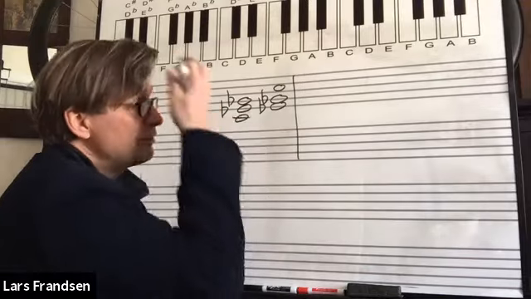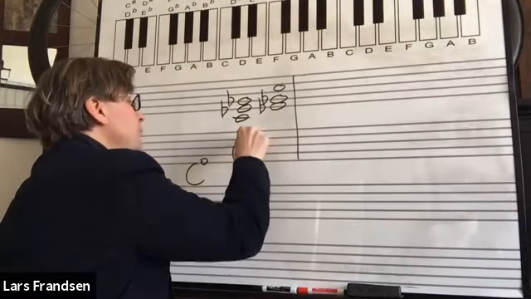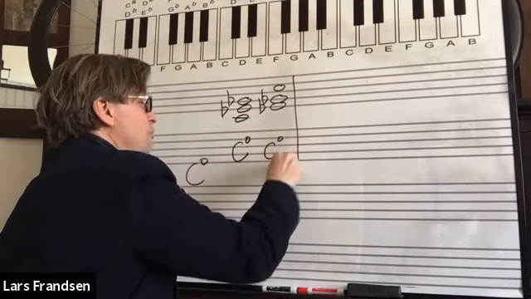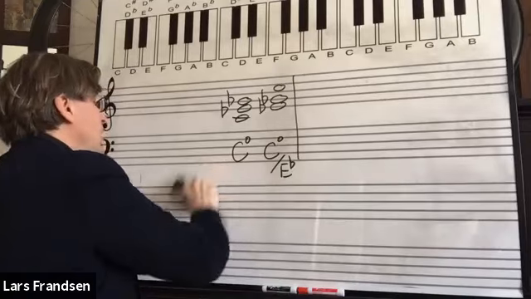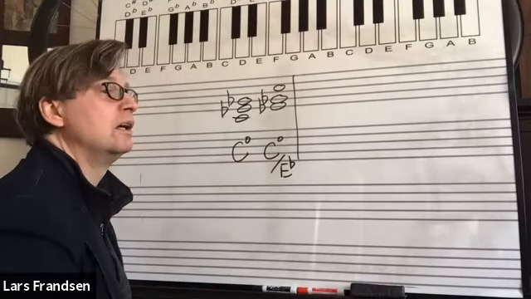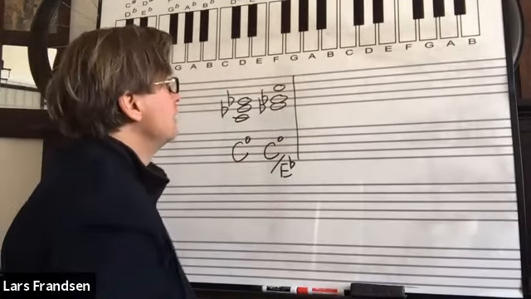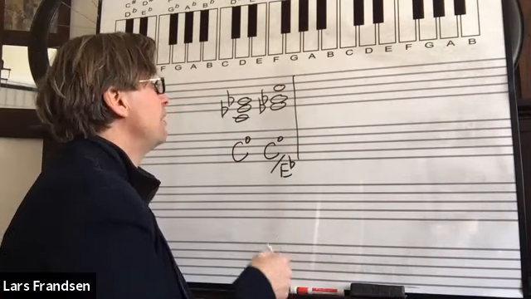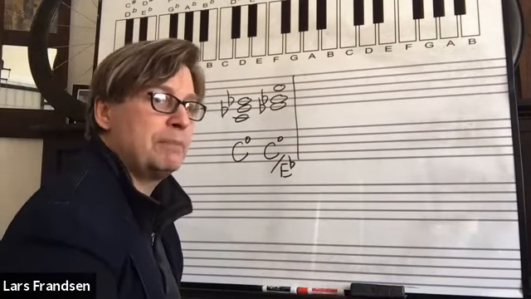The fifth is not really doing anything that the root is not doing just as well. So sometimes we have a choice, either to omit, meaning leave out the fifth, or to include it.